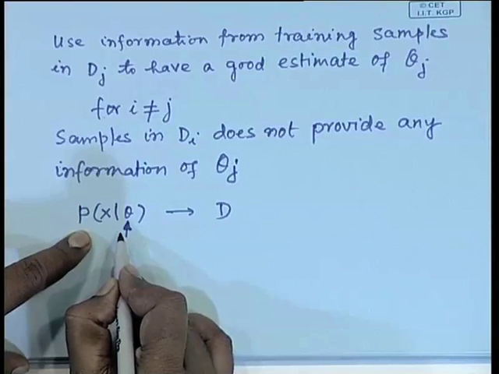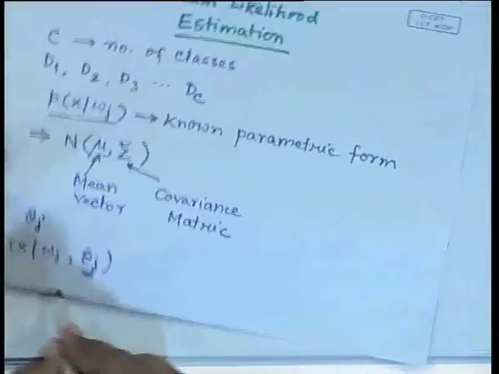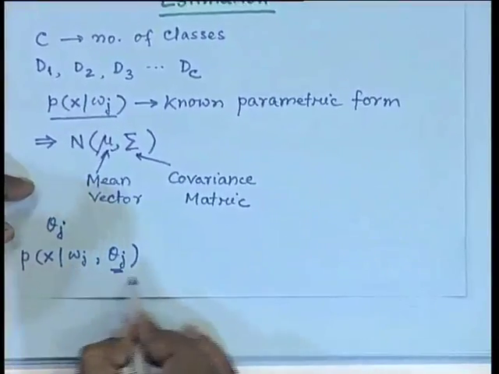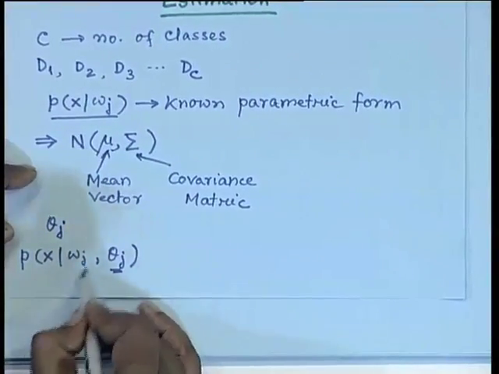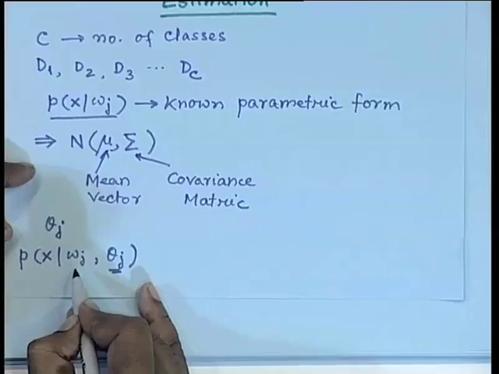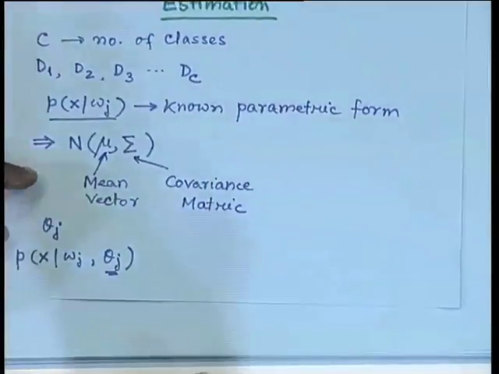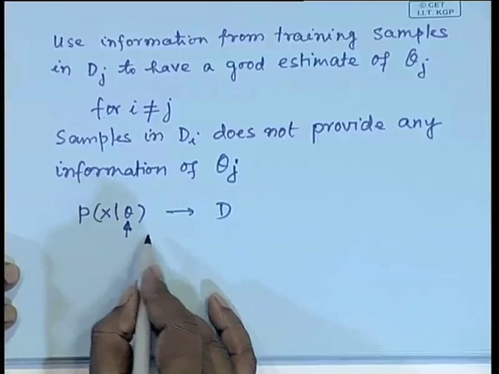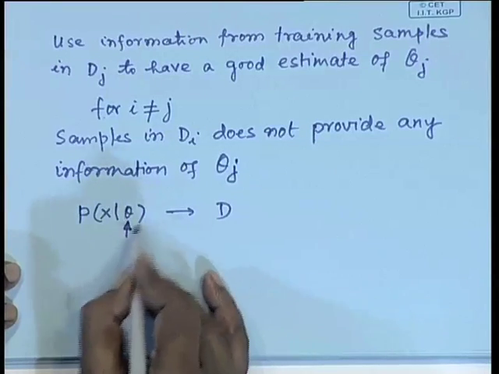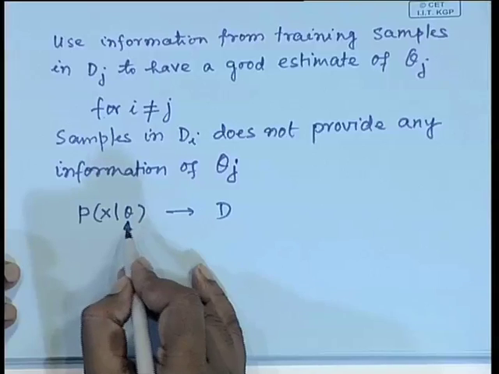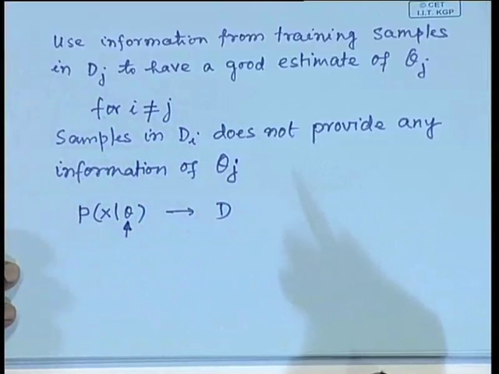So, instead of this form, P x given omega j theta j, because now omega j is no more important to me, because I have separate problems, I am simply rewriting this in the form P x given theta, right. This theta specifies the nature or shape of the probability density function.